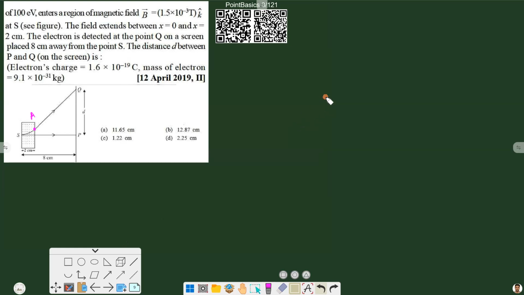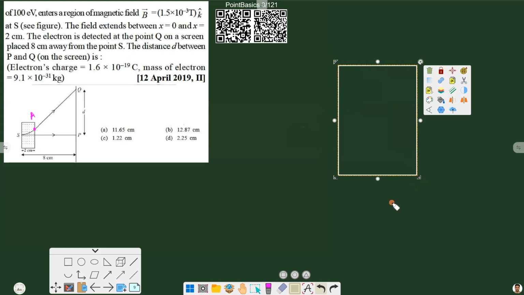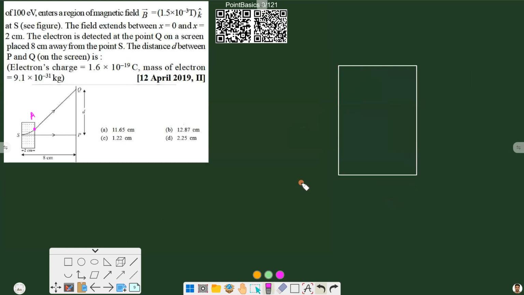Suppose this is our slab, and the electron is entering from this point S. When the electron is moving here, we have the velocity of the electron in the positive x direction, and the magnetic field in the k direction, that is, the z direction. So the magnetic field is something like this.